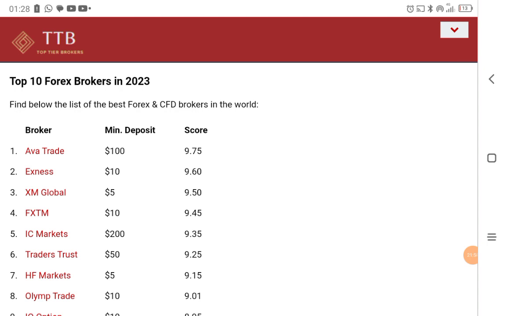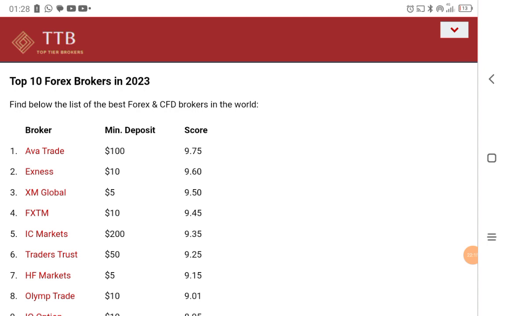That's why people have always asked me what the minimum amount to start trading forex is, and I always encourage them to start with at least $50. So if AvaTrade is not number 1 here, then it will be XNES. So I'm using it.